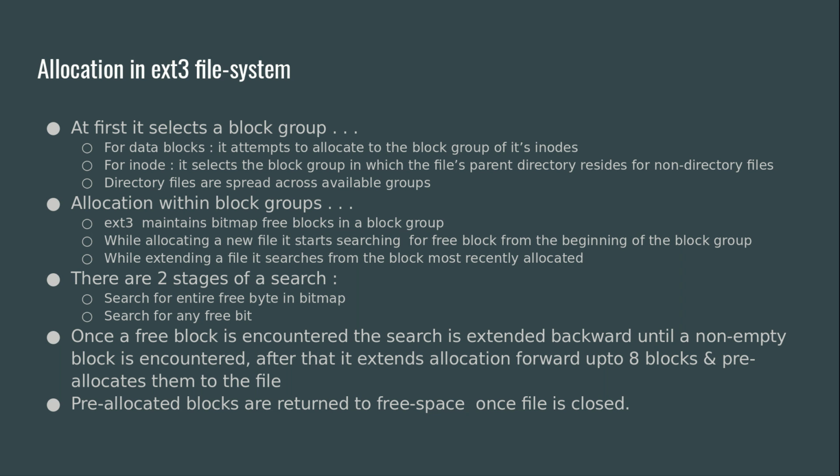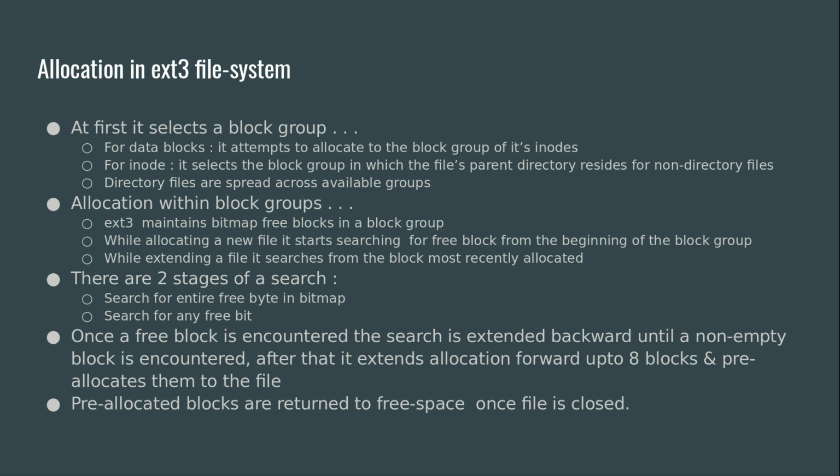Now, allocation within a block group. So ext3 maintains a bitmap for free blocks in a block group. While allocating the first block for a new file, it starts by searching for a free block from the beginning of the block group, and when extending a file, it searches from the block most recently allocated. There are two stages of search.